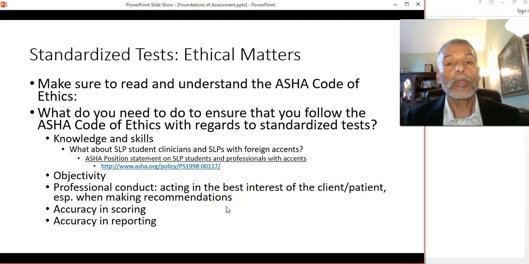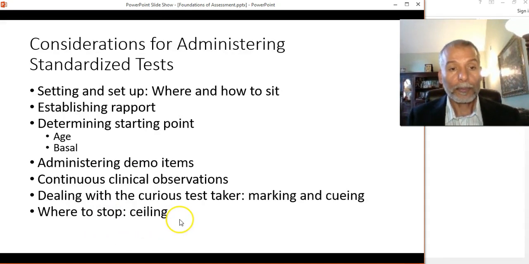We have to keep the client's best interest in mind when we evaluate or give treatment. Also, we need to make sure that any scores we report are obtained accurately and reported accurately, and that we understand them and explain them accurately.